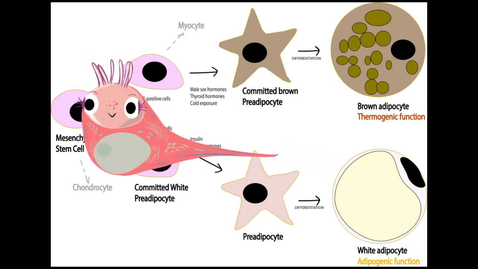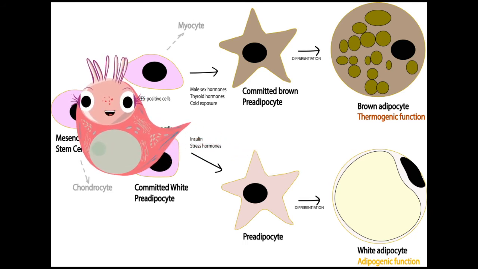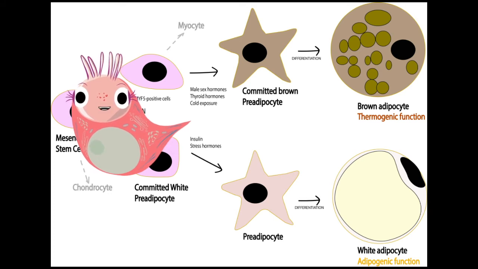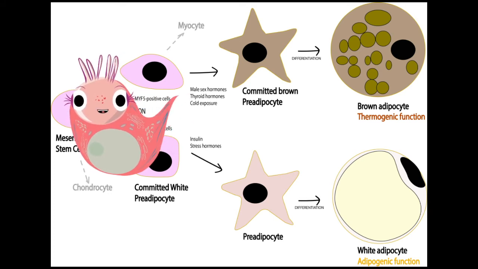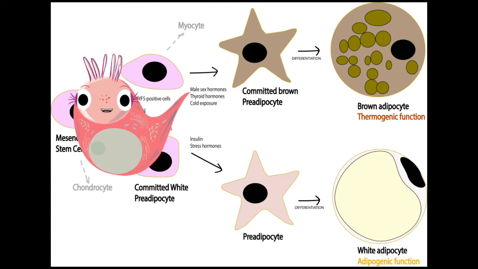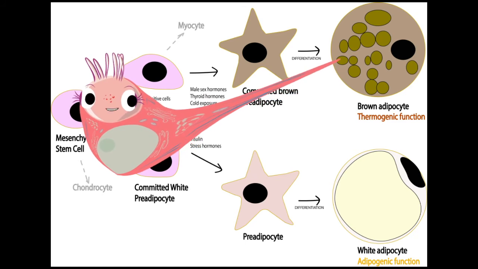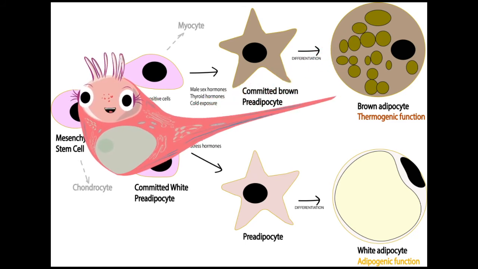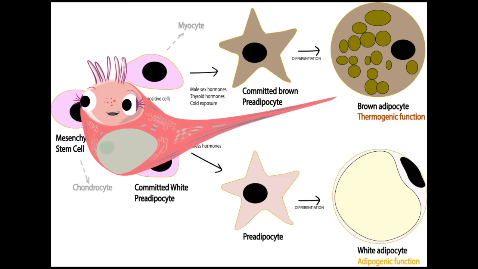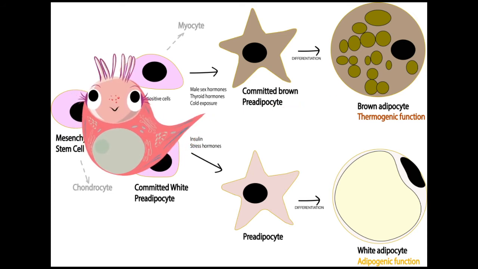So now, understanding this difference, we can understand a little bit better what the signals are and what they do. So if you look here, once you have your MIF5 positive cell, if it is exposed to male sex hormones, thyroid hormone, or cold, then it will differentiate into a cell that has little fat stores in small droplets and that mostly has a lot of mitochondria to be able to produce heat and energy from fat.